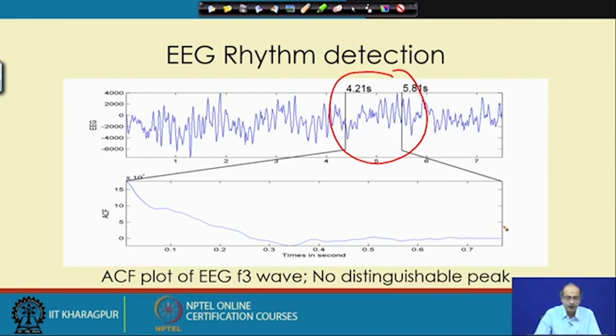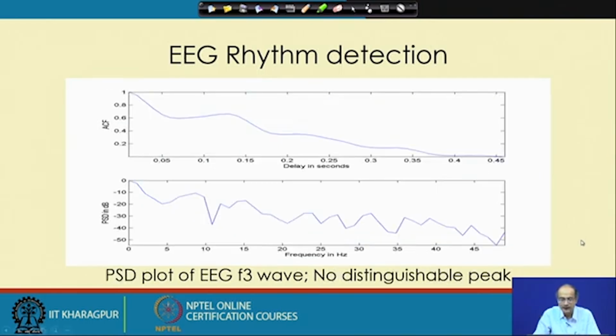When we take the autocorrelation coefficients, we get a drooping characteristic, there is no prominent peak, which suggests that there is no repetition of the alpha wave or whatever the signal was present there. Then we have calculated the PSD to see the same thing, and here also we cannot get the peak as we have seen in the previous case. So, this also tells us that there is no distinguishing peak, so we cannot tell that the signal we have taken is getting repeated.